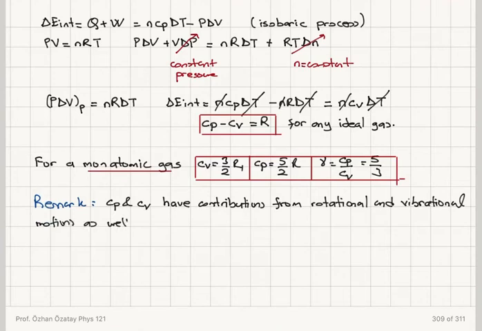But as we will see, these will be for polyatomic gases. These contributions will come into play in polyatomic gases.